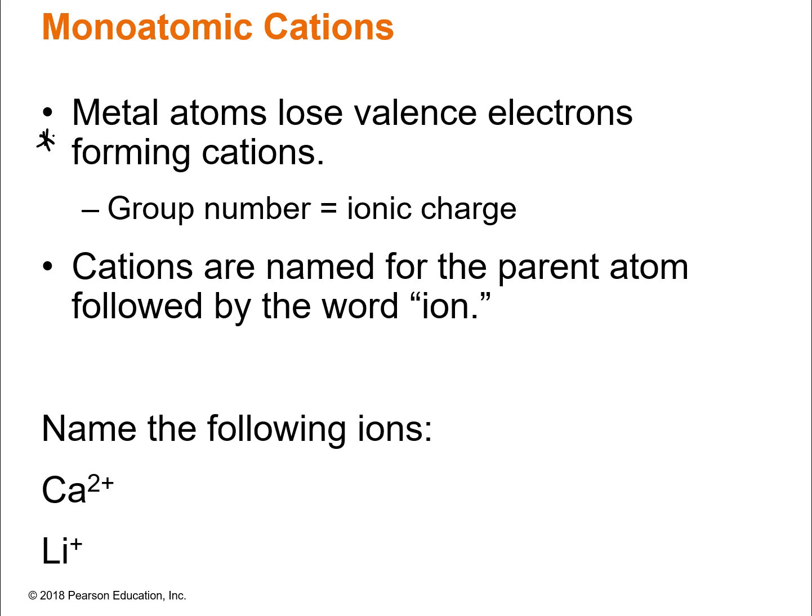The group number for your metal tells you the ionic charge when we're talking about the representative elements, and those are the ones that have the A after it. So that, again, should be review.